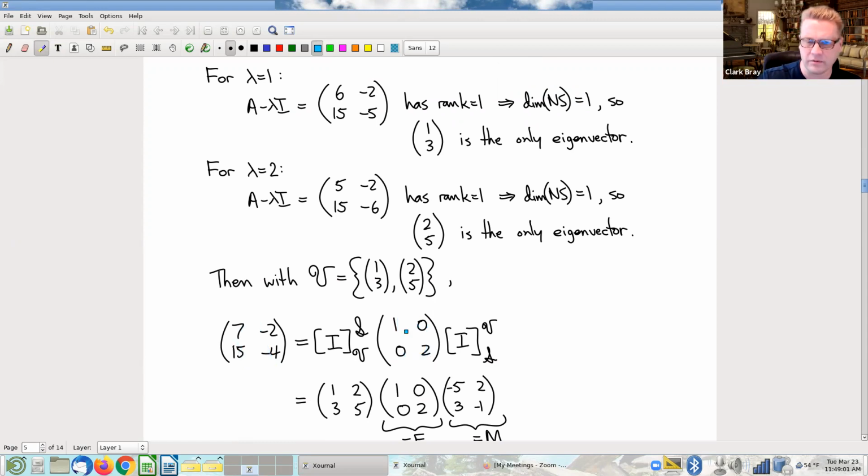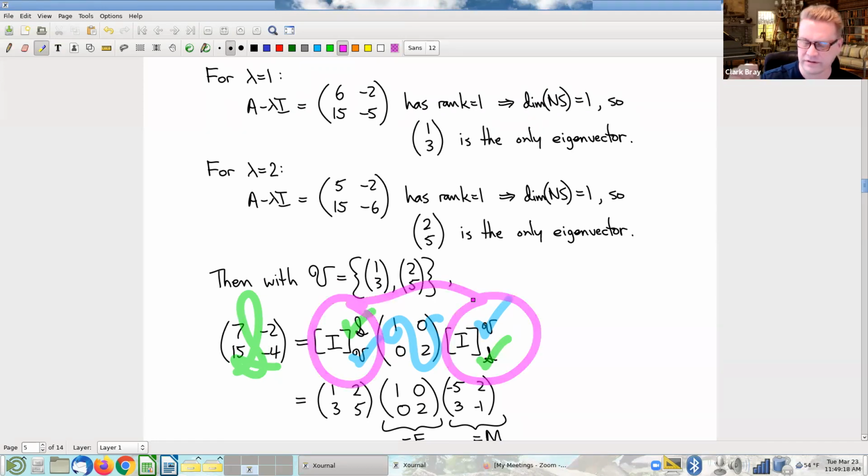And this is all with respect to the script V basis, so those bases have to fit like that. And this is all with respect to the script S basis, so these bases have to go like that. And so you see, yes, we do have a conjugation, and yes, these are inverses of each other.